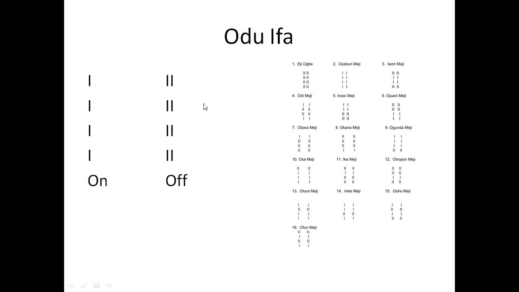So that's what these mean. If you see 2 lines, that means off, or a single line is on. And so this is all light, so all 4 rows are on, and this is all darkness, so all these are dark. And so again, we can see these represented here.